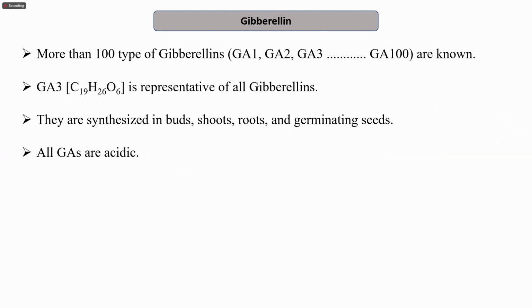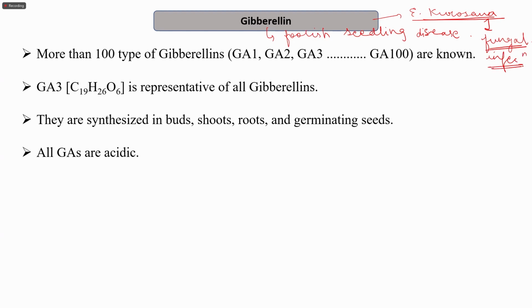Next is gibberellin. Gibberellin was identified in the foolish seedling disease by E. Kurosawa, who observed the effect of a fungal infection on rice and found it leads to elongation of the stem.